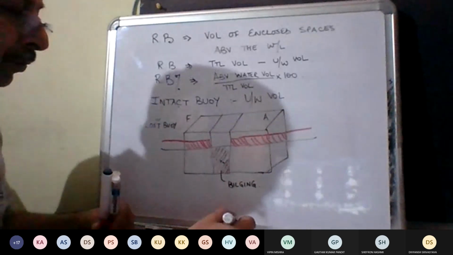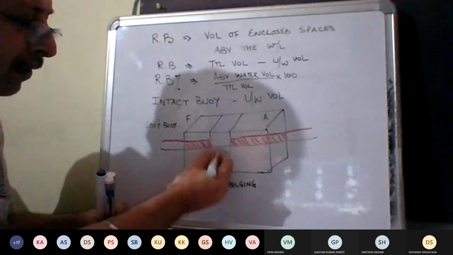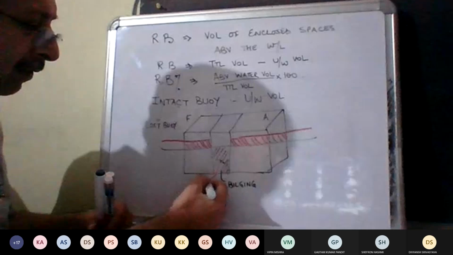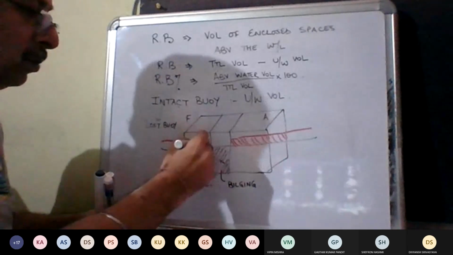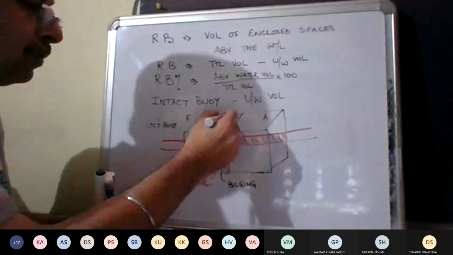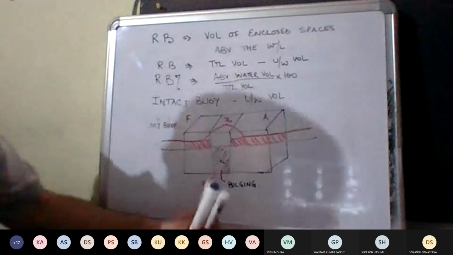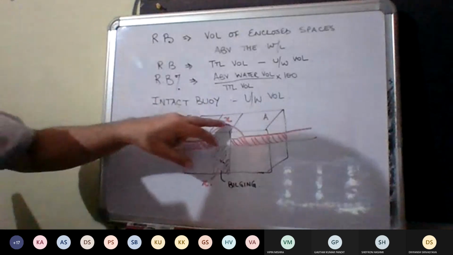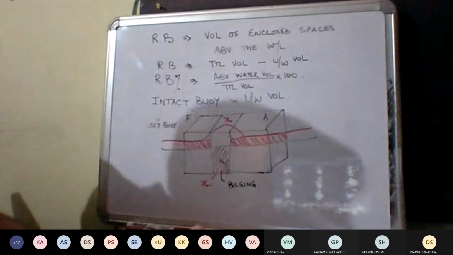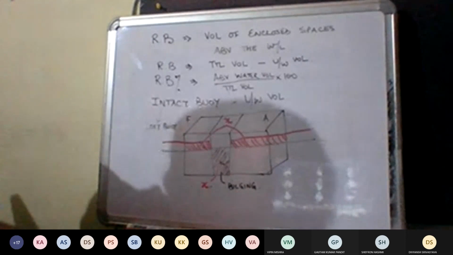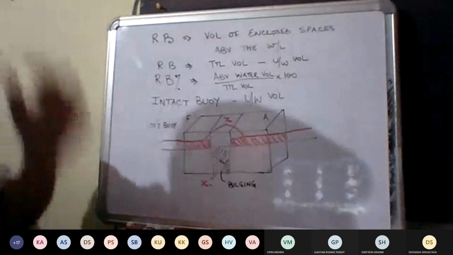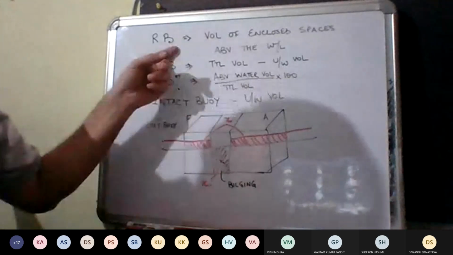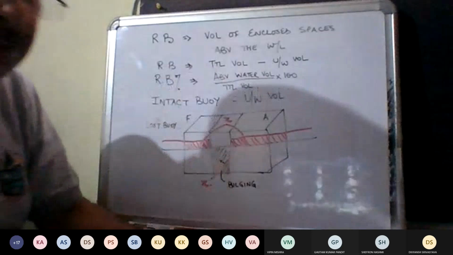This will be a part of my underwater volume. If the lost buoyancy is X, then the portion I get from reserve buoyancy will also be X. So the purpose of reserve buoyancy is to give X when I have bilging. That means I'm now in damaged stability. That is the purpose of reserve buoyancy, to be used in case of damaged stability.